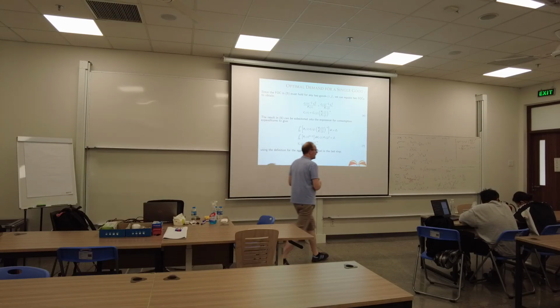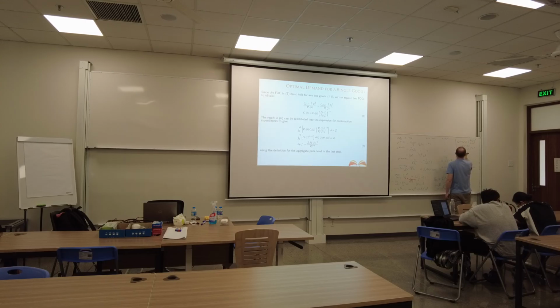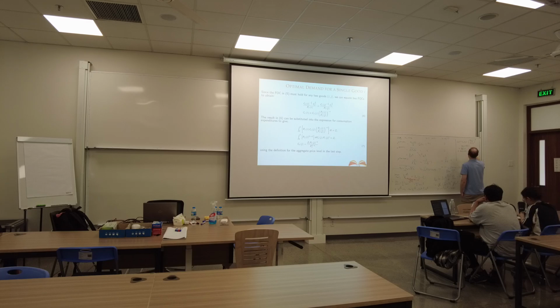So let's try. If ptj is less expensive than pti, then this ratio is less than 1.